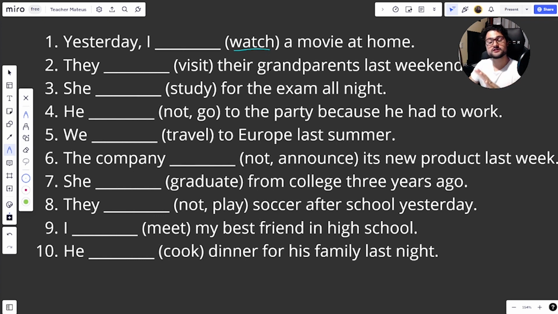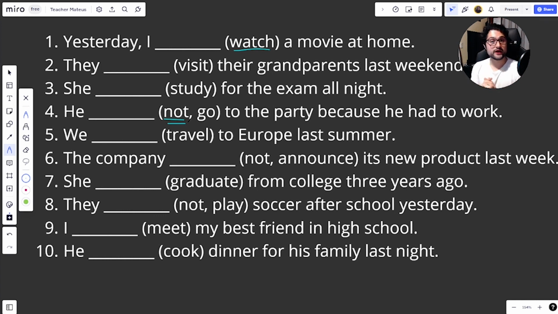Use the notes that you have taken previously, return to the video if you think it's necessary, but it is very important that you practice. So pause this video and try to complete by yourself. And just be attentive when I have not there, this is negative. So you will use did not. That's a tip. So before continuing, pause the video, and once you finished, I will be waiting for you.